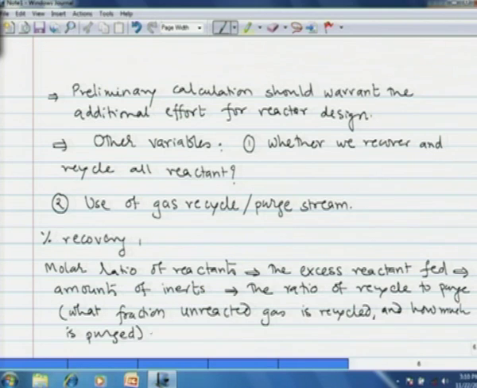And this decides the molar composition of the recycle purge stream.